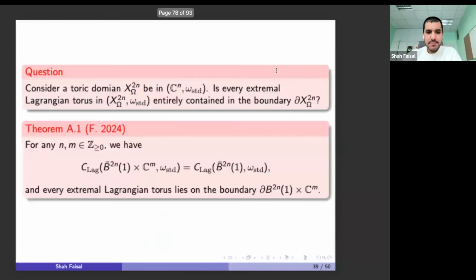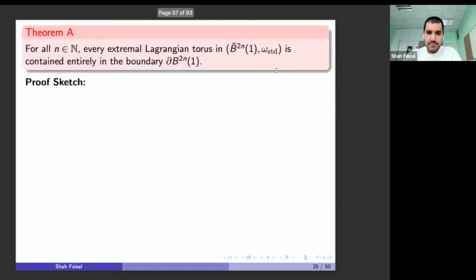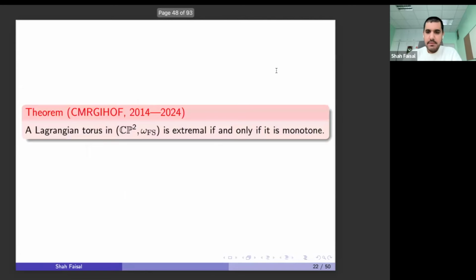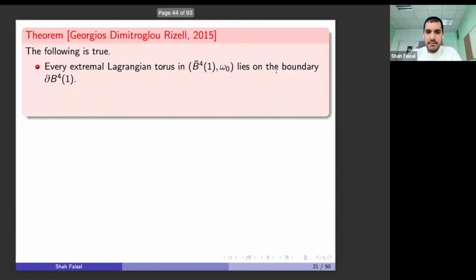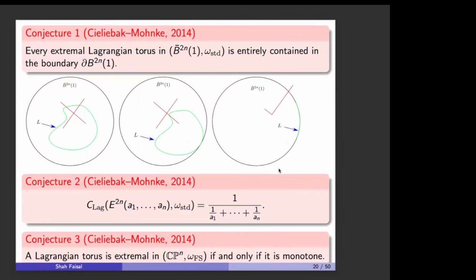Maybe this goes along with this conjecture of Cieliebak and Mohnke that extremals are monotone. So I don't know any examples. I guess, can we be more greedy and elevate the conjecture to say that a Lagrangian torus is extremal in any convex toric domain if and only if it's monotone? Is there any hope of that being true?